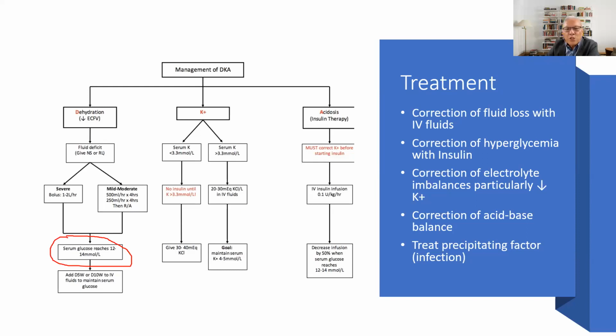Now, this is expressed in millimoles, but if you translate this to milligrams, it's easy. The formula for that is you multiply always by 18. So 12 times 18, for example, would be equal to 216 milligrams per deciliter.